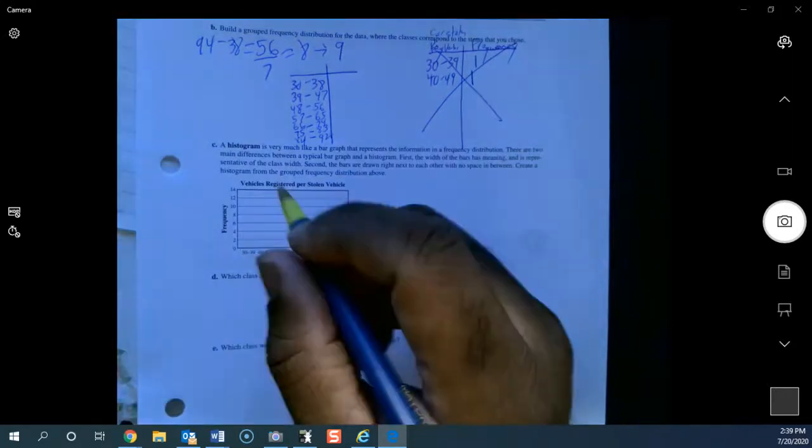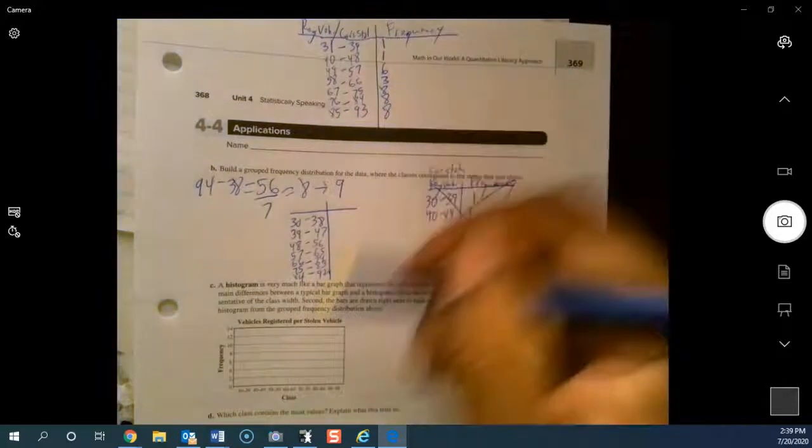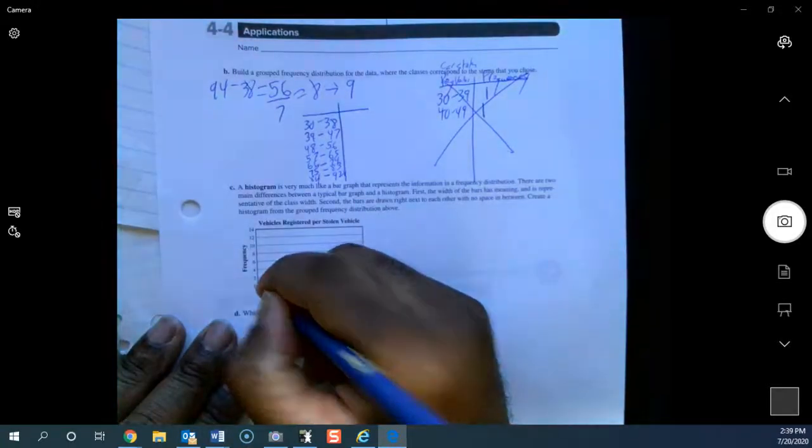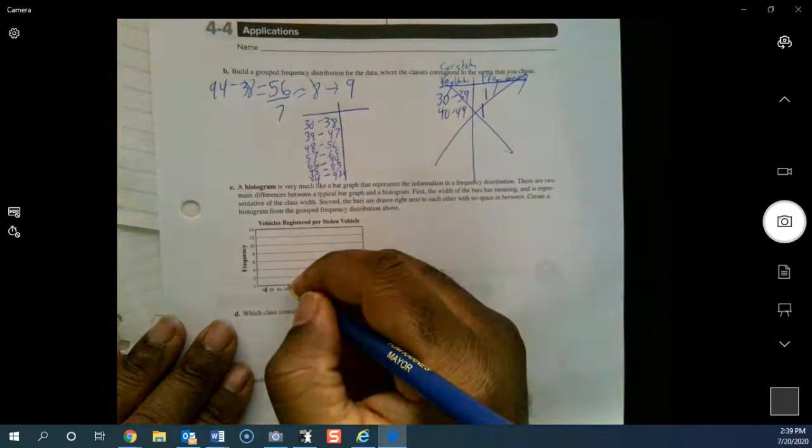Okay. Now, this is the main thing we were coming here for, but I had to get all of the previous information. So basically what we're going to do, we're going to graph this information here. Now this is slightly off here, because for some reason they were using tens. So we could just make a couple little changes here. So this would be 31 through 39.